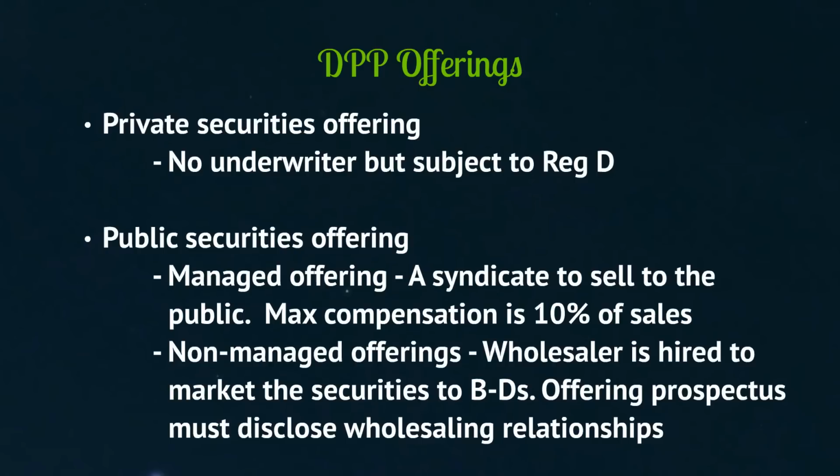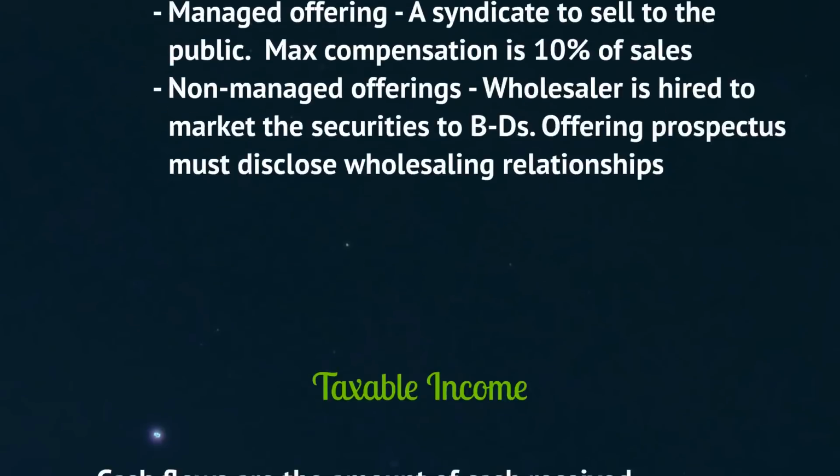Now, we call it a public securities offering, but it's not like it's sold out on the market or to the general public. We're still focusing on certain qualified investors, so it's still a limited type of distribution, but made through a group of broker dealers that have access to those types of clients.